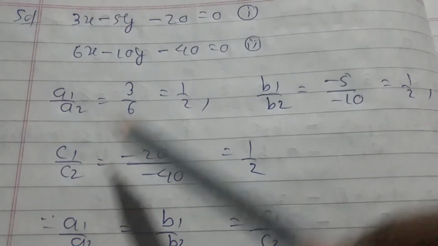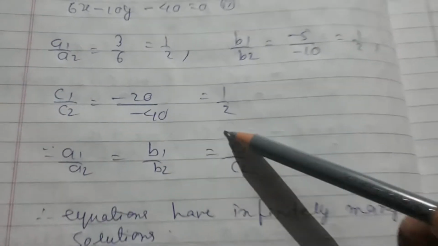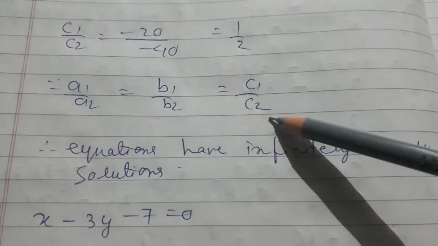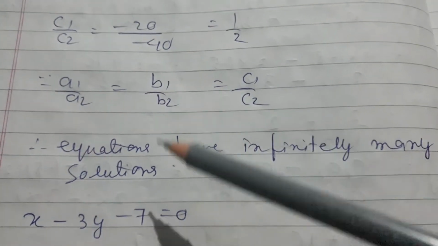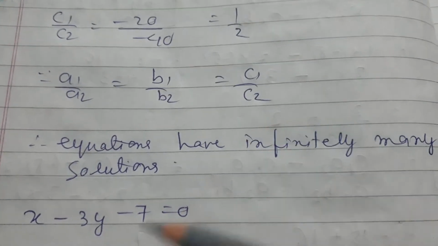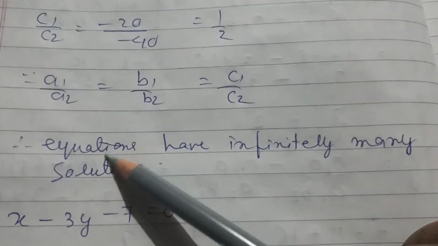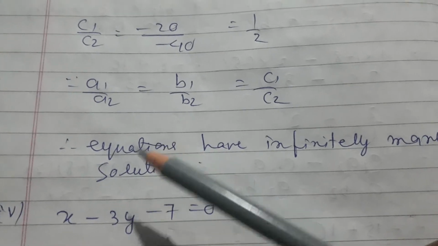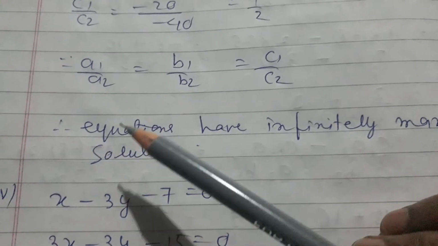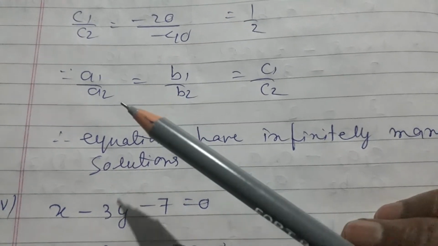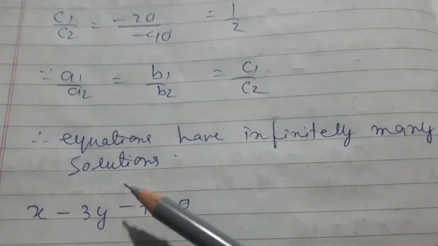And c1 by c2 equal to minus 20 by minus 40, that is also half. So all the ratios are same. So since a1 by a2 equal to b1 by b2 equal to c1 by c2, the equations have infinitely many solutions. In case of only unique solution, you have to proceed, otherwise you stop the problem, because no solution can be taken out, since the equations have infinitely many solutions.